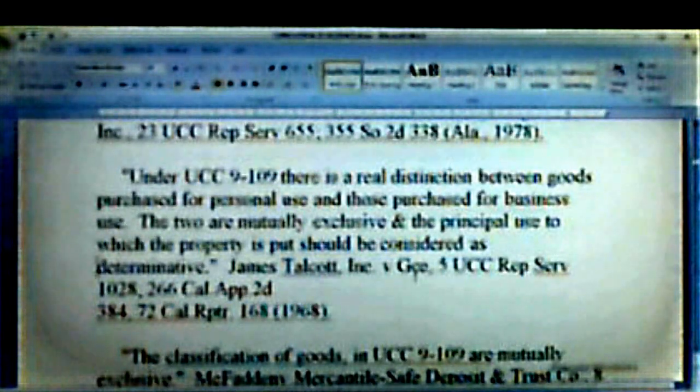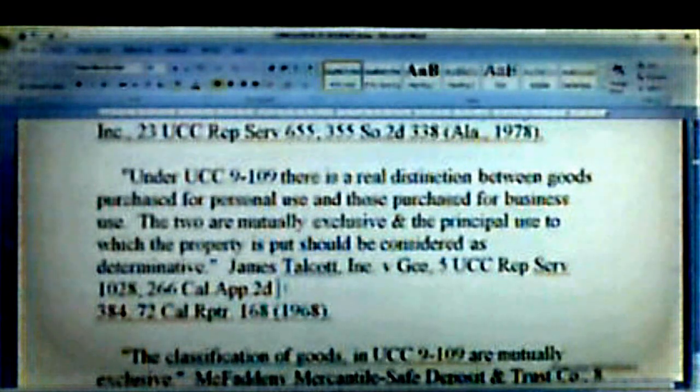And this was James Talcott Inc. versus G. And this case here, it took place in California. Right here. And right here. That was in 1968. So we can see as the years go on, it doesn't change. It still keeps going.